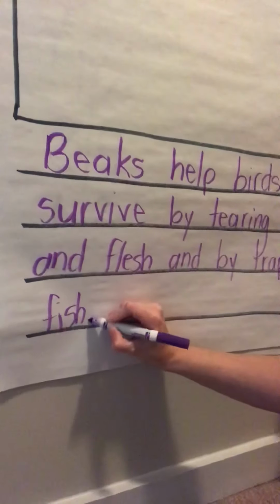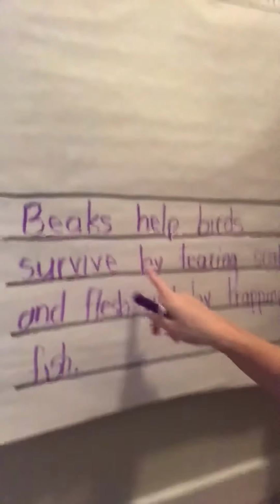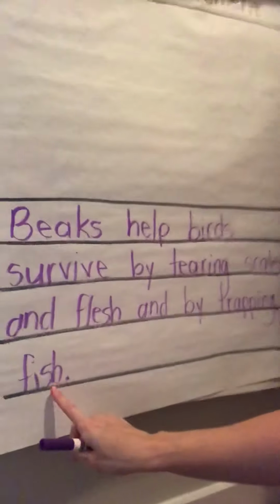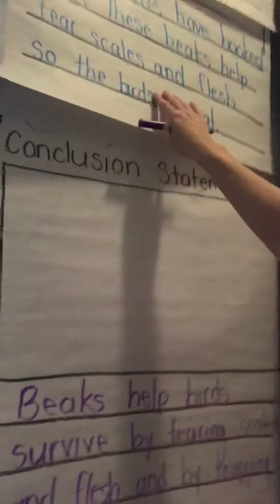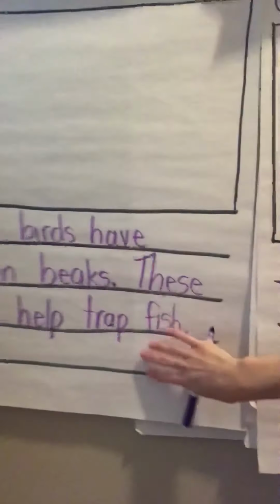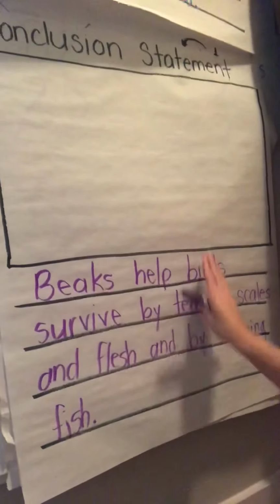So I'm going to put my period to see if that makes sense. So now I'm going to go back to see my sentence. It says, beaks help birds survive by tearing scales and flesh and by trapping fish. So all I did was take how our first beak helped the bird survive and how our second beak helped the bird survive. And I put that together to make my ending sentence so the reader knew that's what we talked about in our paragraph.